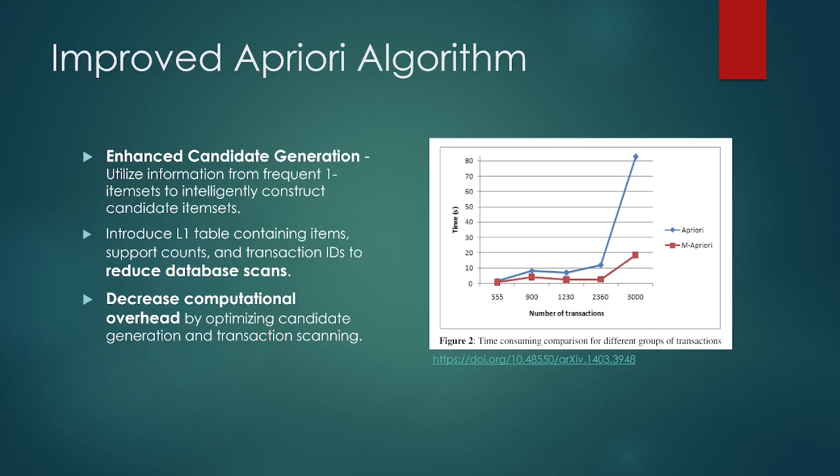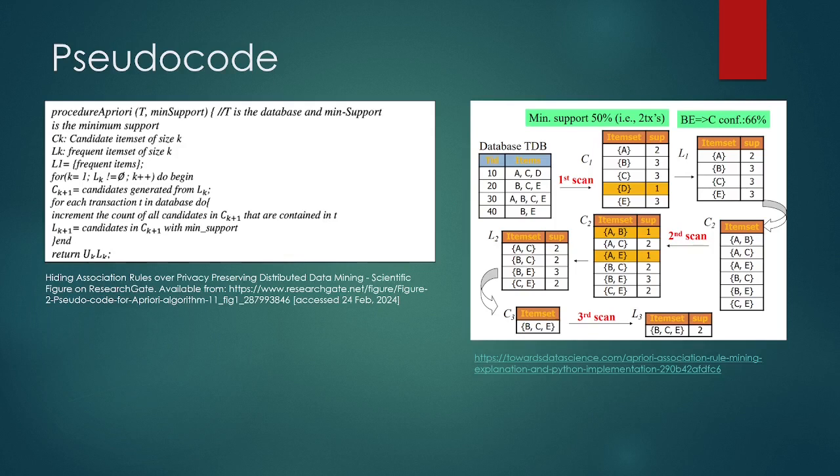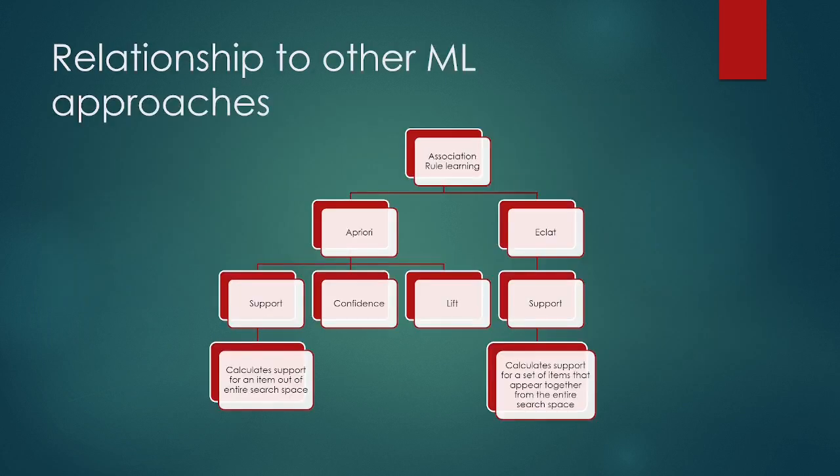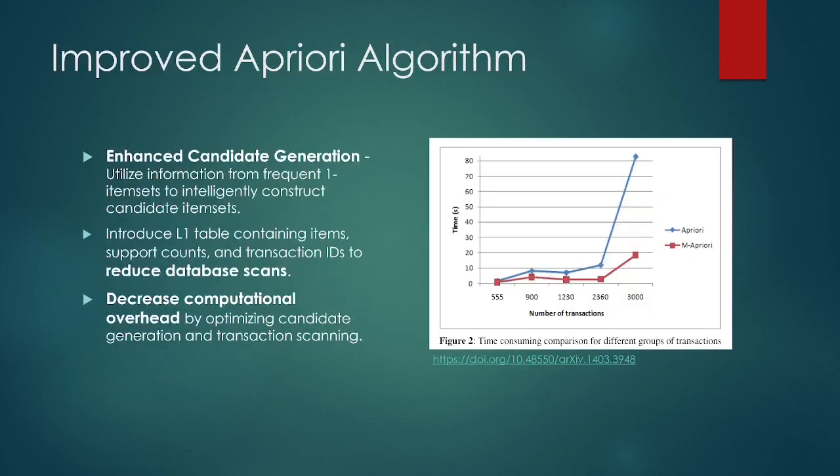And also they have decreased the computational overhead by optimizing the candidate generation and transaction scanning. So if we see over here, they have improved the candidate item set as well as the frequent item set. This has reduced the database scans and improved the a priori algorithm.